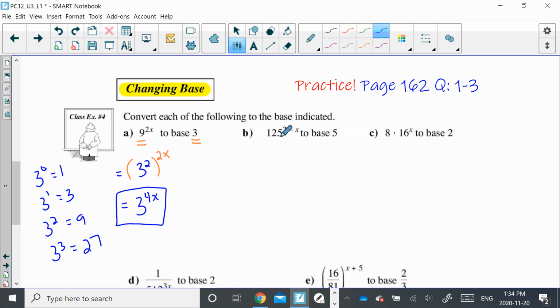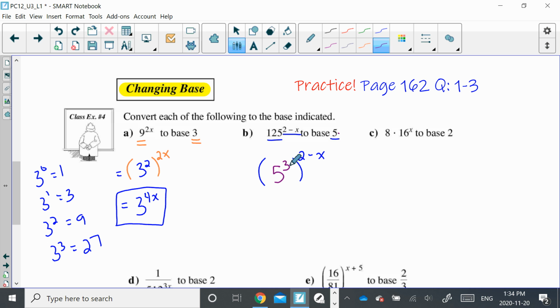Okay, 125, that's the base. They want it written in base 5. So again, I'm going to take a bracket, and this exponent is going to go outside of my bracket. Inside the bracket, I'm going to say 5 to what power gives me 125? 5 squared is 25. 5 to the power of 3 is 125.